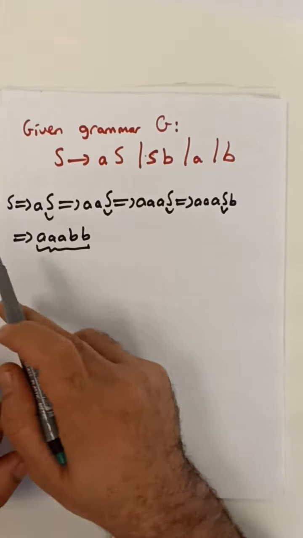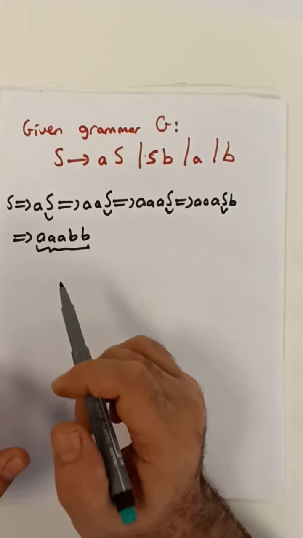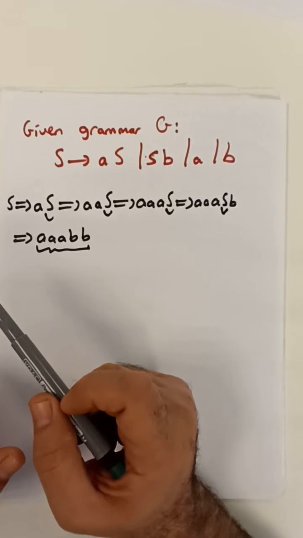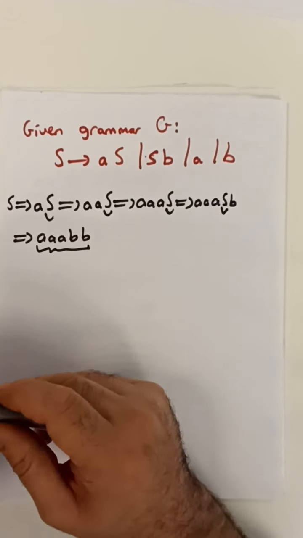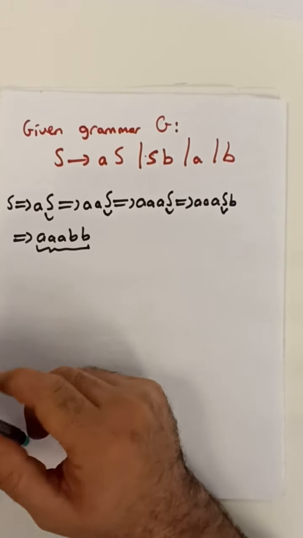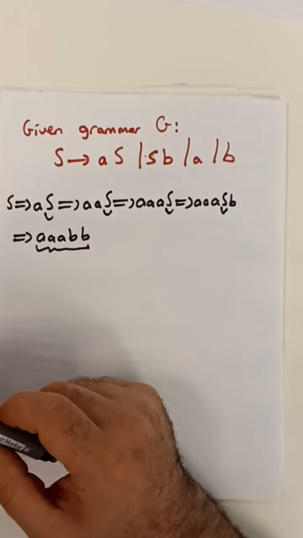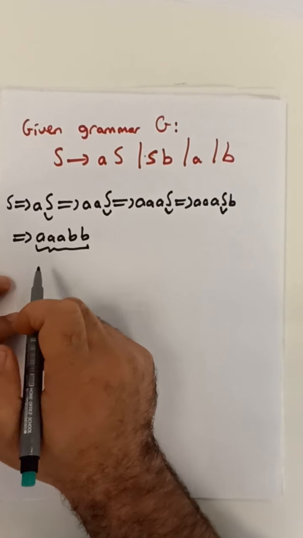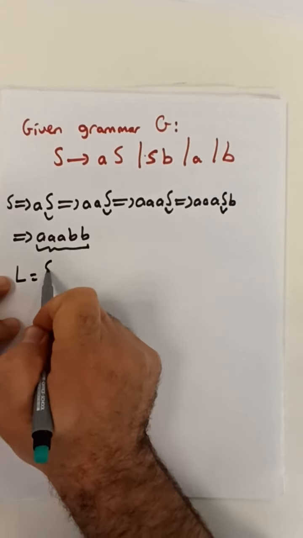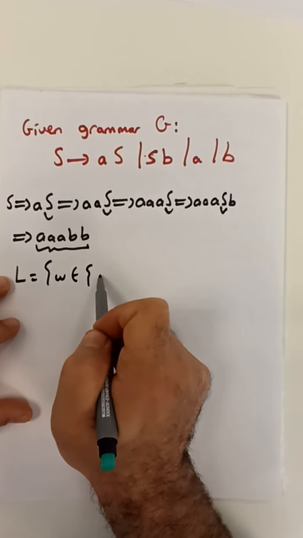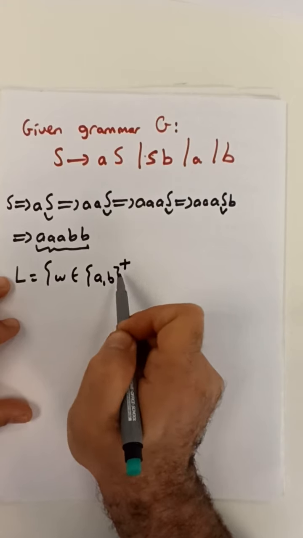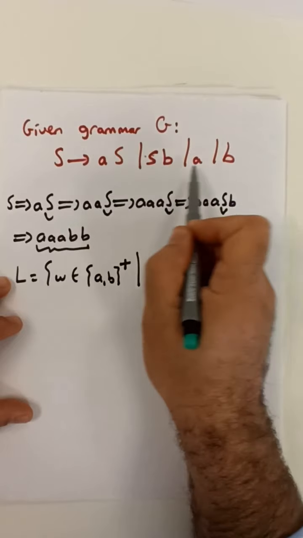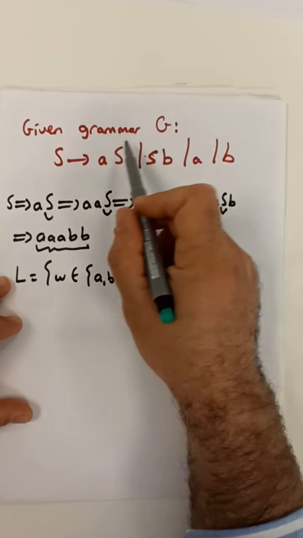At home, you can try other sample derivations to see what types of strings you get from this grammar. If you do enough of these derivations, you will be able to see that the language that corresponds to this grammar is as follows. L is the set of W in {A, B}+, where W consists of strings of A's and B's, but W should not be epsilon because we cannot have epsilon with such a grammar.